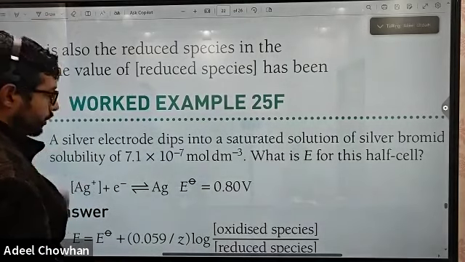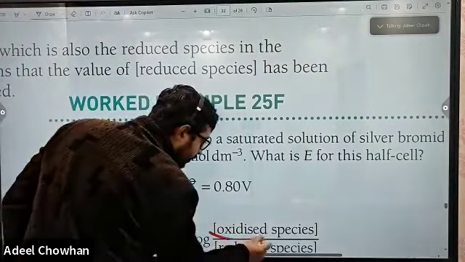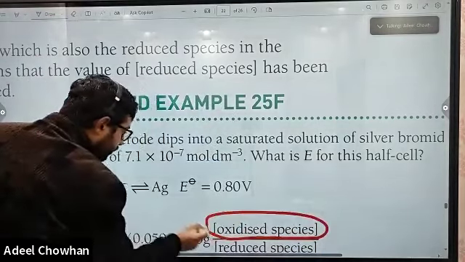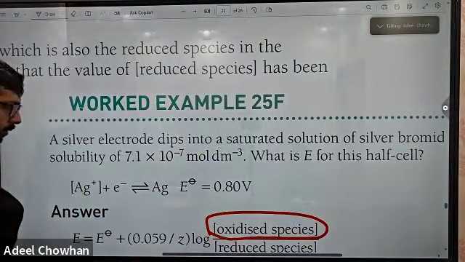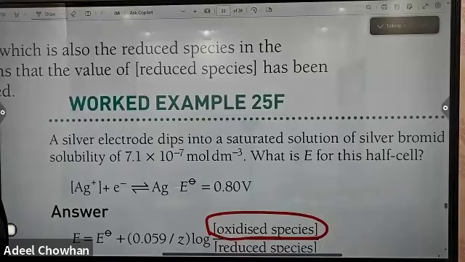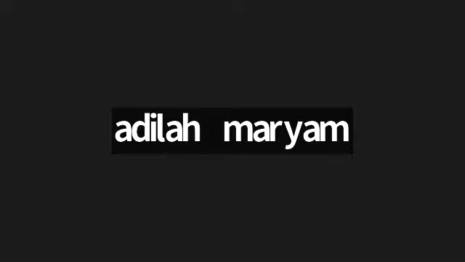My question is: does this oxidized species represent Ag or Ag plus? Okay, Adila, what's your answer? I'm still doing it right now.